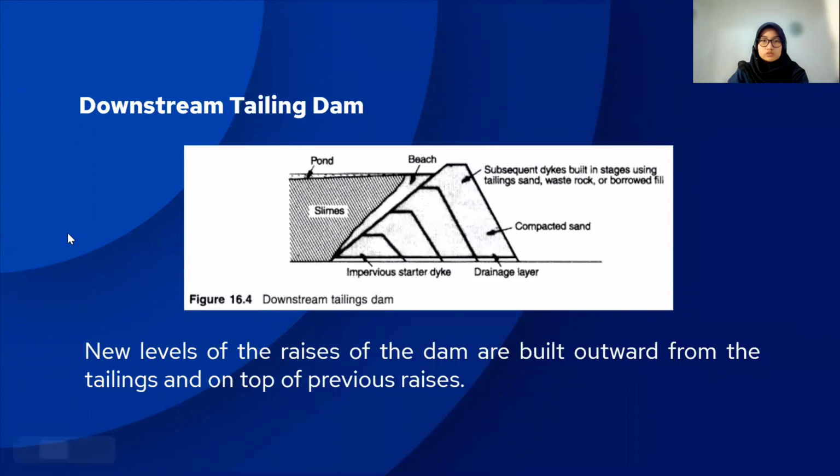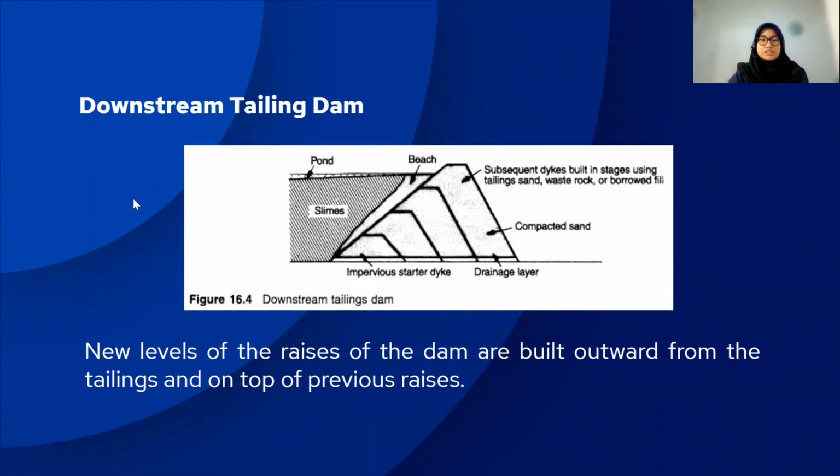So this is the downstream, the second conventional method. The new levels of the raised dam are built outwards from the tailings and on top of the previous raises. Each of the dikes is structurally independent of the tailings, and it is considered safer than the upstream tailing dam.